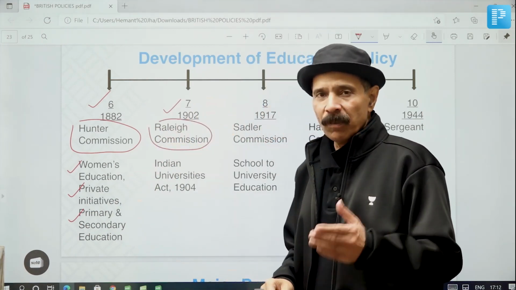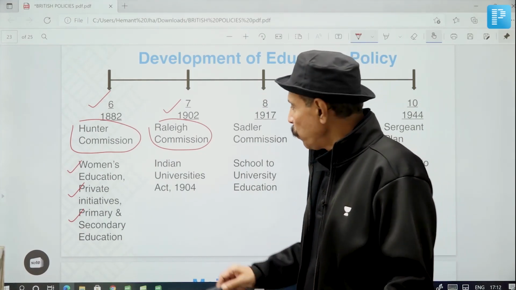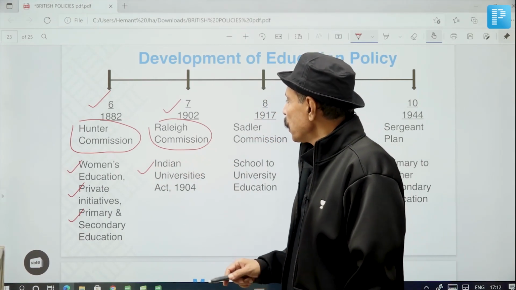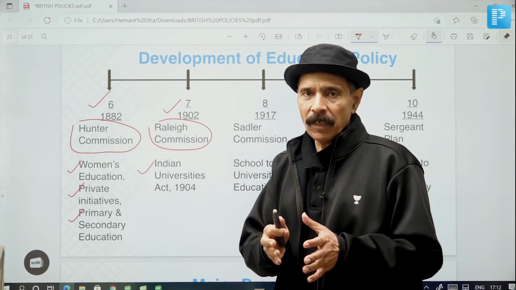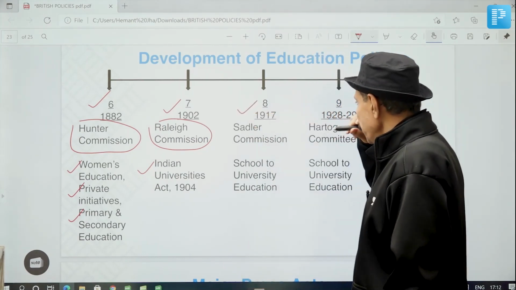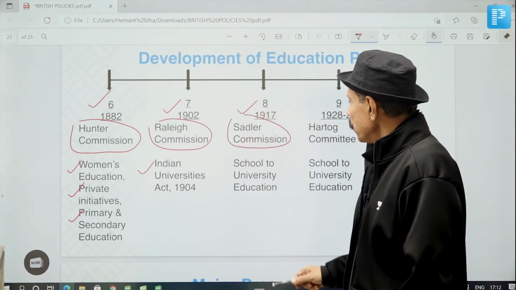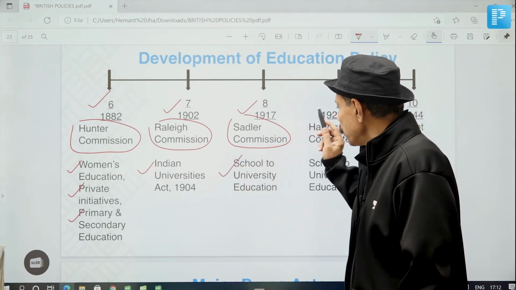This was on university education, and its recommendation led to the passing of the Indian Universities Act 1904 during the period of the Viceroyalty of Curzon. Next is 1917, Sadler Commission, and its recommendations were related to school to university education.